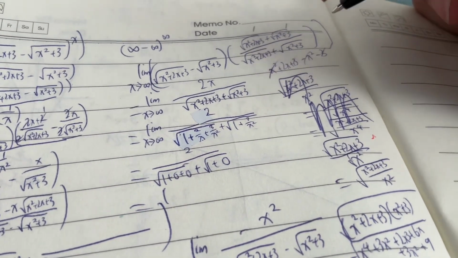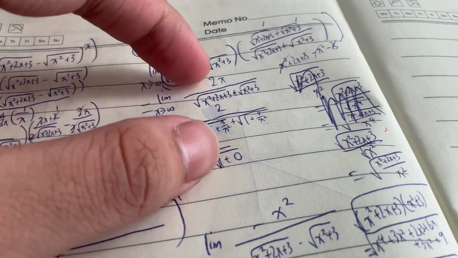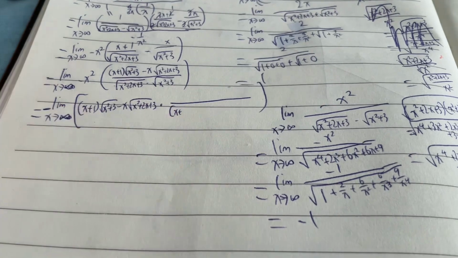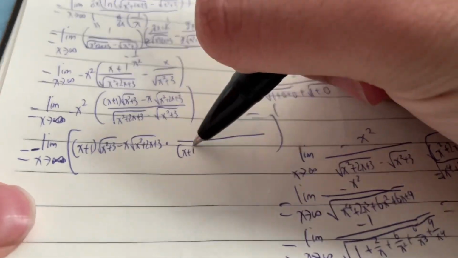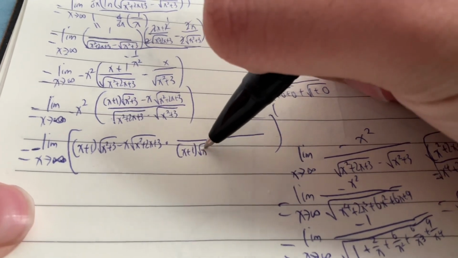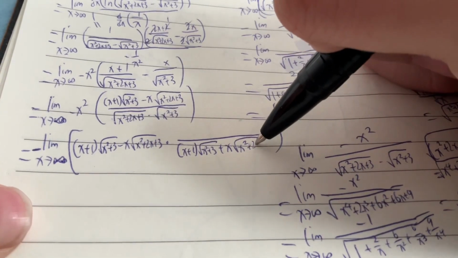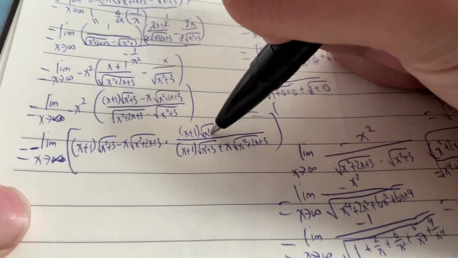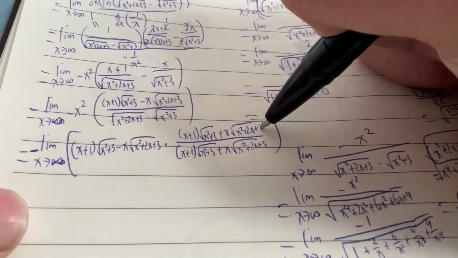I should put another parenthesis here. It will be very crazy if you keep putting a lot of parentheses, so I like to use this more. Multiplication, and then multiply by the conjugate, the square root of x squared plus 3, plus, let me just write it here, x squared plus 3 plus x times the square root of x squared plus 2x plus 3.